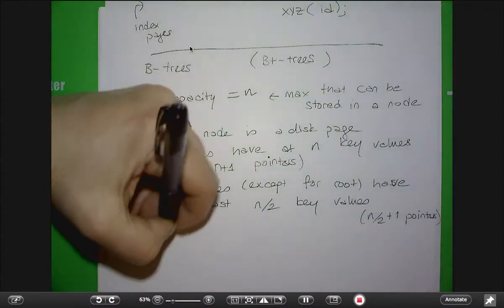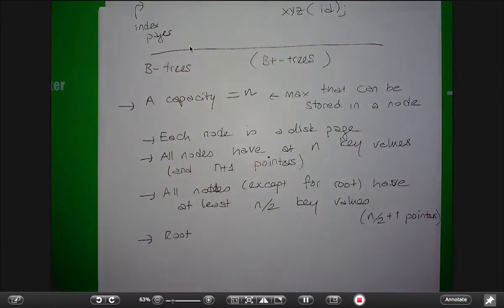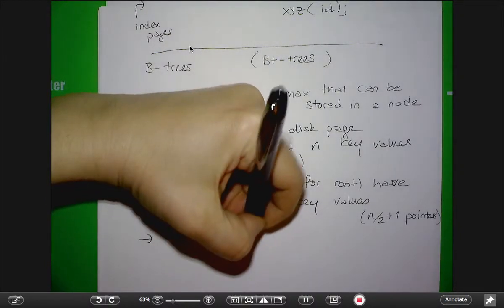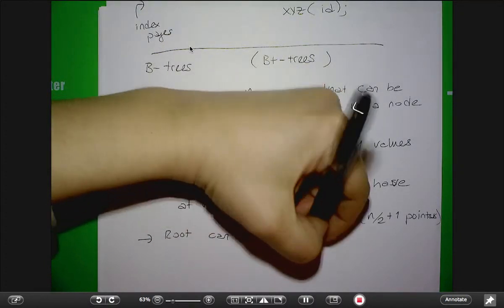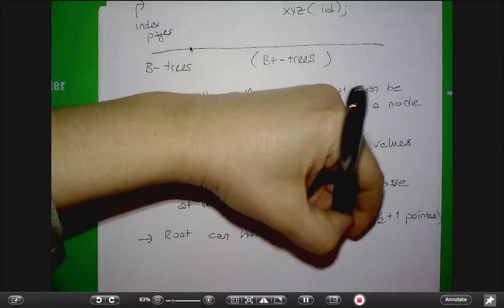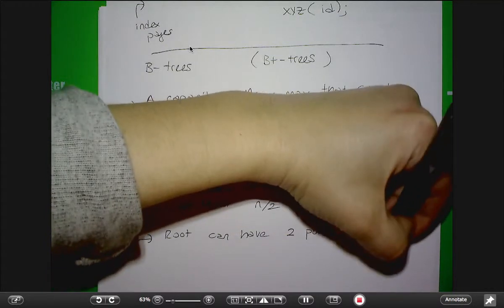The only exception is the root, because if you insert things and eventually your tree splits, you will have a root with only 2 entries. So you cannot have this rule for the root. The root can have fewer: 2 pointers and 1 key value.